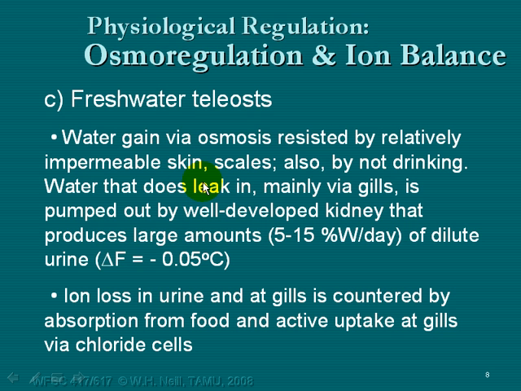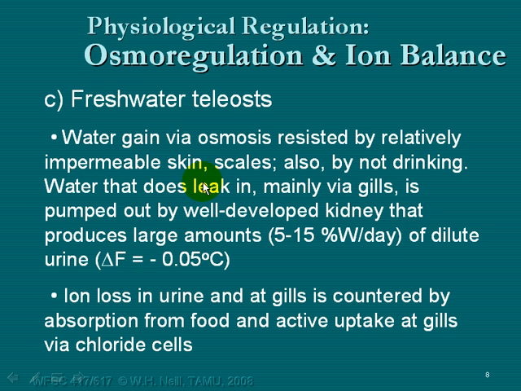And so the water that leaks in by diffusion or by osmosis at the gills is pumped out by a well-developed kidney that can produce a large amount of urine that's relatively dilute.